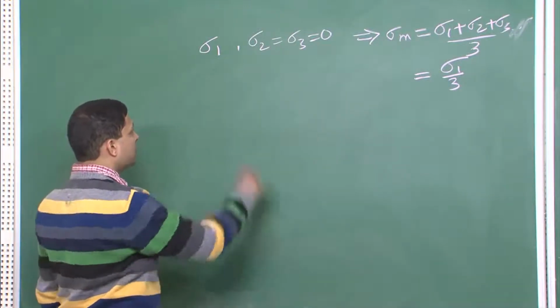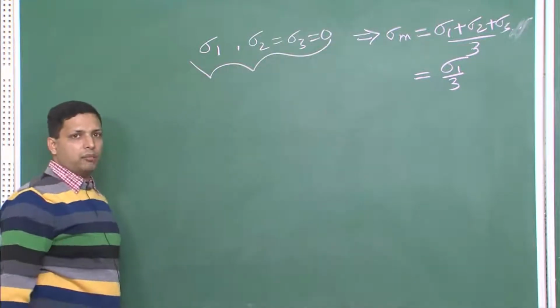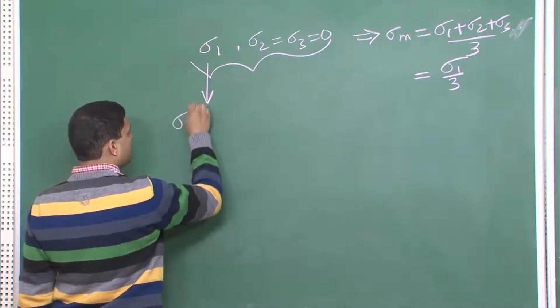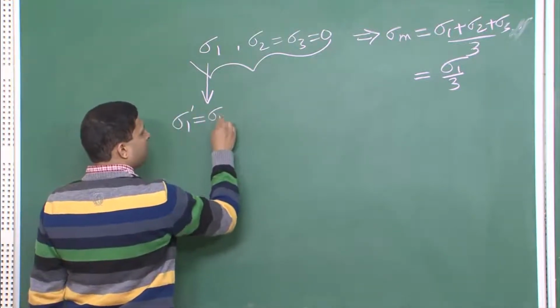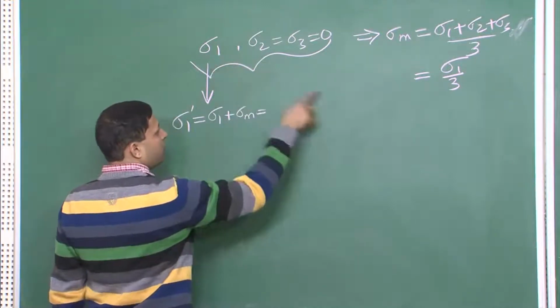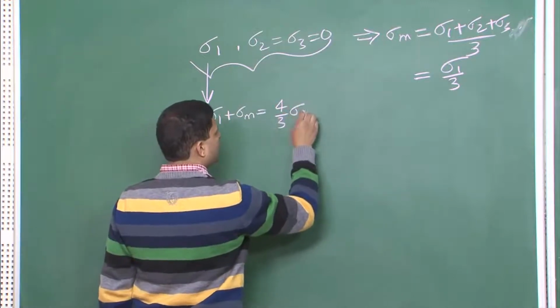Now, let us say that we add this mean stress to all the three principal stresses. So, sigma 1 becomes sigma 1 prime, which is equal to sigma 1 plus sigma m, which is sigma 1 plus sigma 1 by 3, so it is 4 by 3 sigma 1.